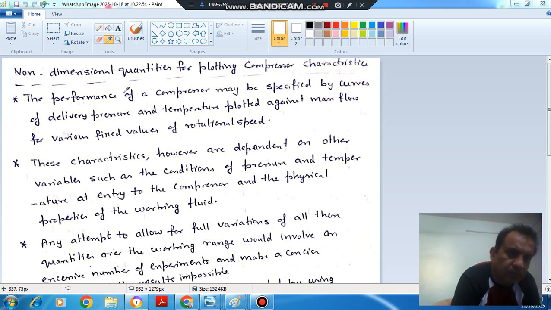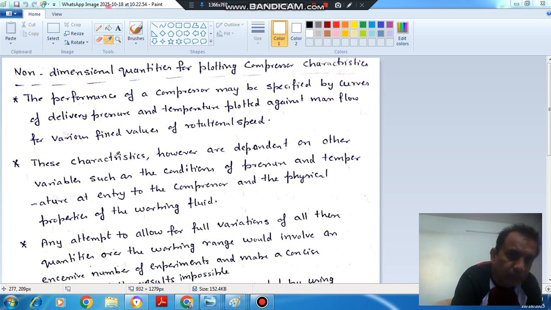Why non-dimensional quantities? Because if we go on drawing the compressor characteristics by delivery pressure versus mass flow rate for a fixed rotational speed, or delivery temperature versus mass flow rate for a fixed rotational speed, then these quantities, pressure and temperature, depend upon so many variables like inlet pressure, inlet temperature, and type of working fluid.